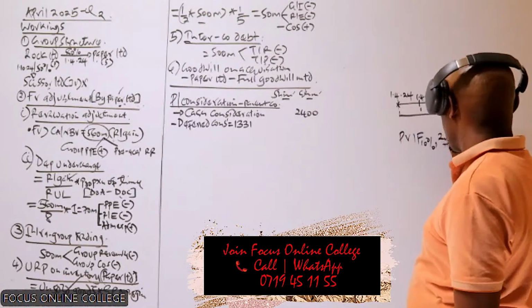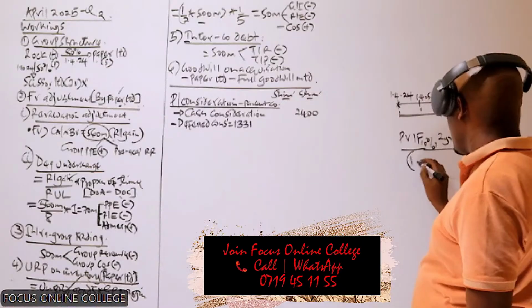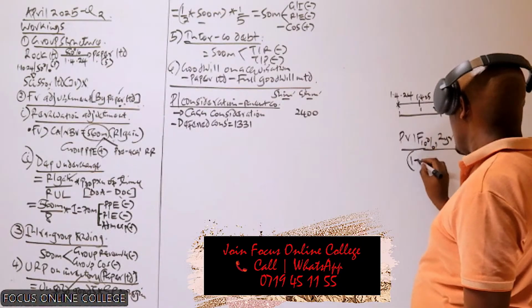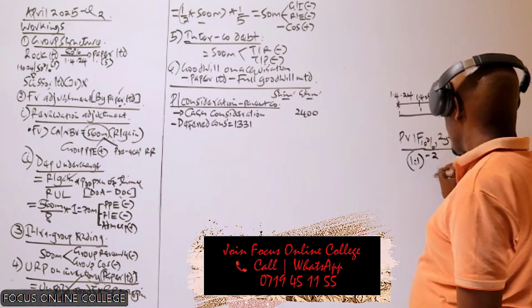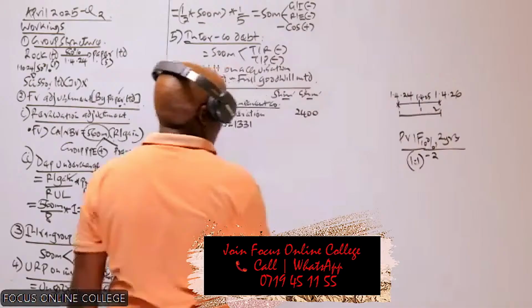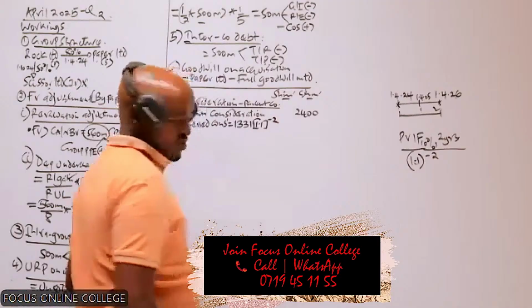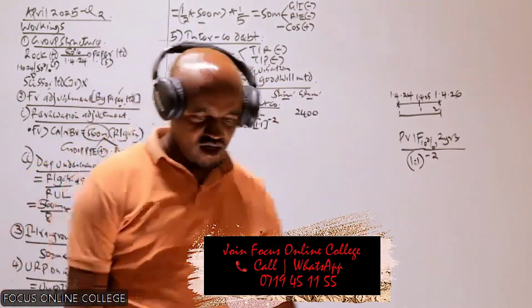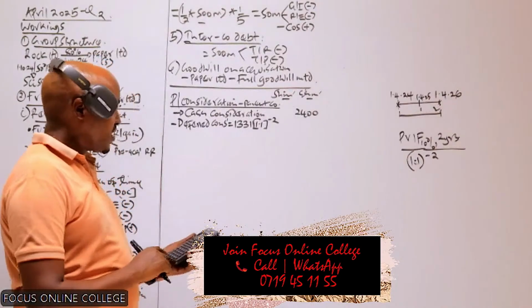So this one will be computed like this. We take 1, remember the formula, 1.1 raised to the power negative 2. That's basically how we are going to discount it.